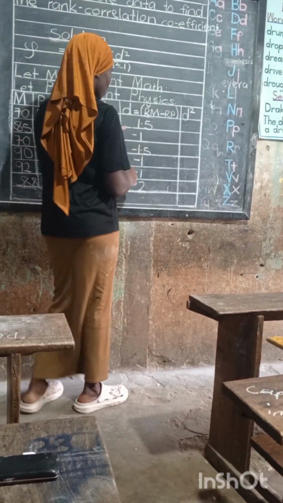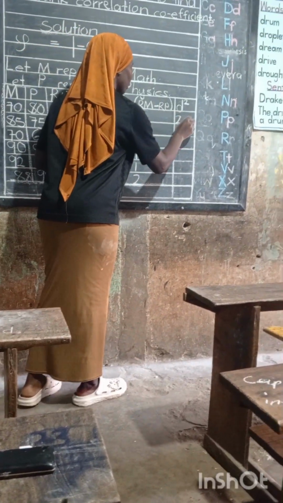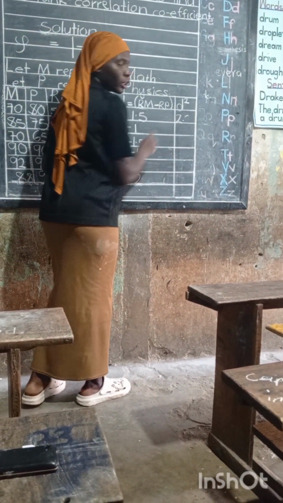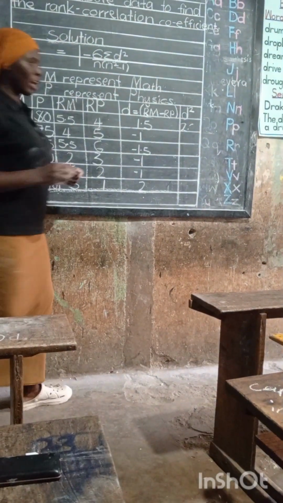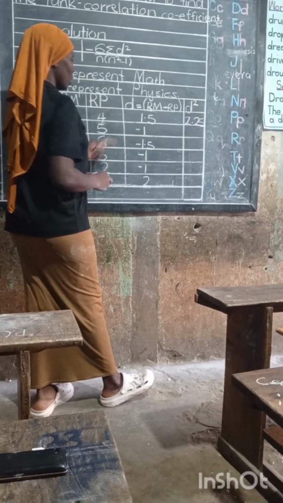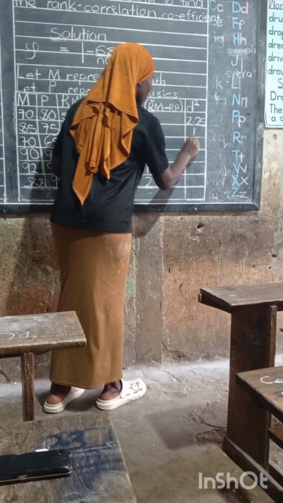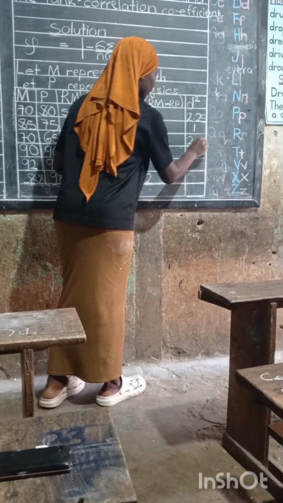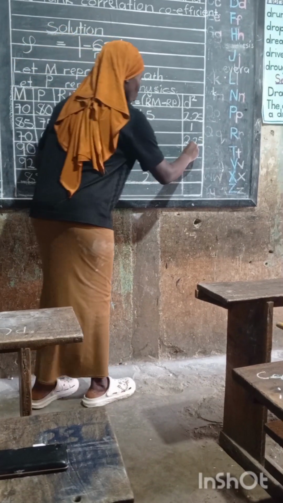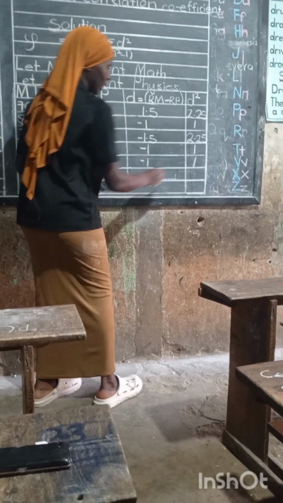So I'm going to square this one. When I square 1.5, I get 2.25 from my calculator. 2.25. When I square negative 1, I get 1. This one is also 2.25. This one is 1. When I square 2, I get 4.